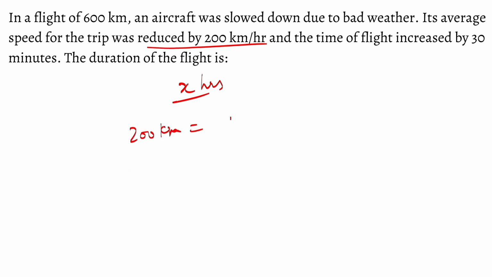So speed will be equal to distance, that is 600 by total time, that is x hours, minus 600 by the time after slowing down. 600 is the total distance, by x plus 30 minutes, since it is increased by 30 minutes. So convert that into hours, 1 by 2.